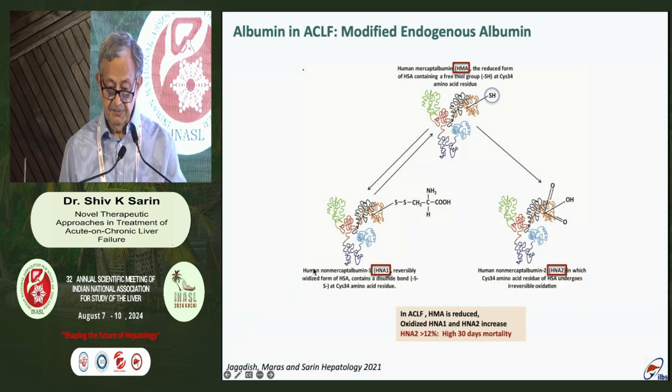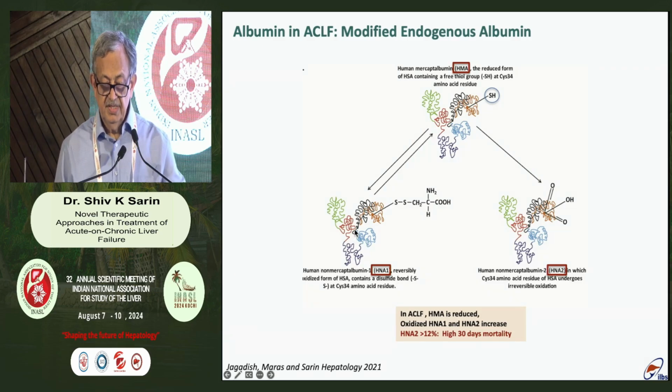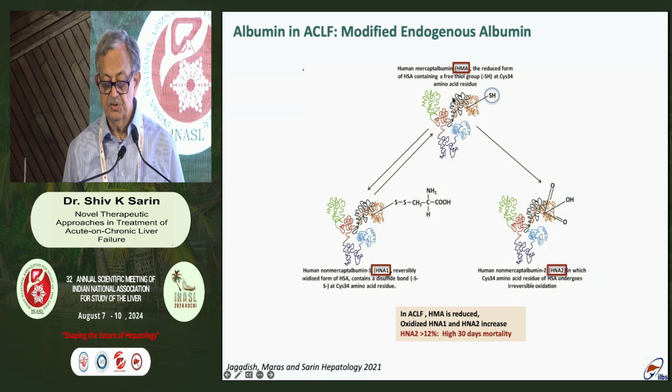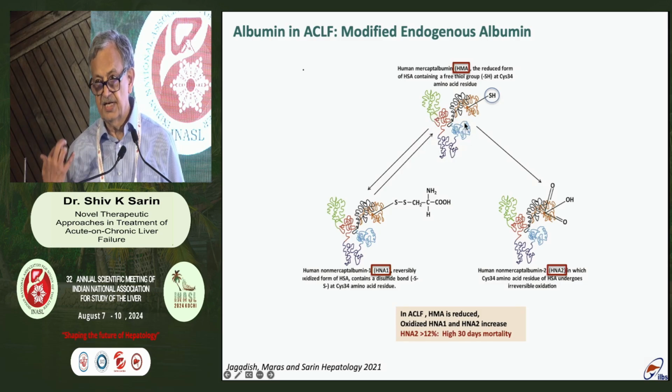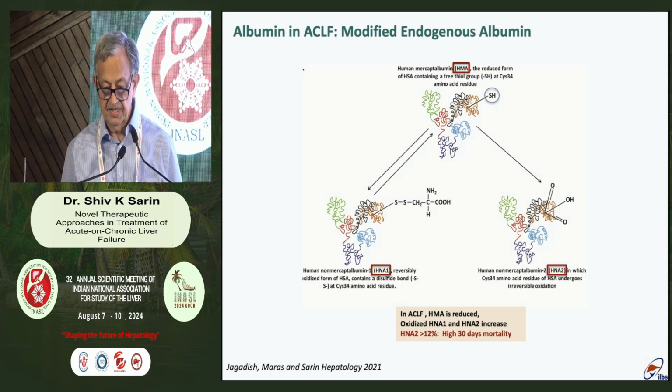Now this is what I was talking about, bilirubin. With normal bilirubin, there is one position where you can have albumin, and this is human mercaptalbumin. But the moment the bilirubin level is high, you will have much more bilirubin, so bilirubin will bind to all 3 sites available. So one thing is endogenous albumin is modified.